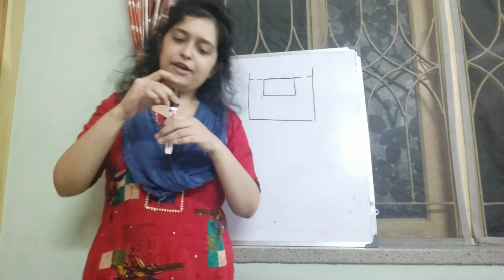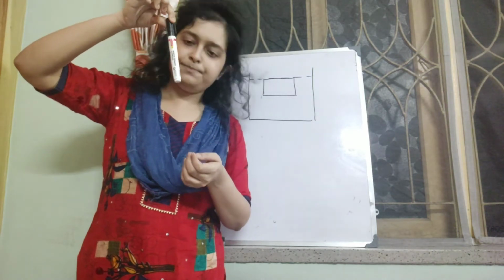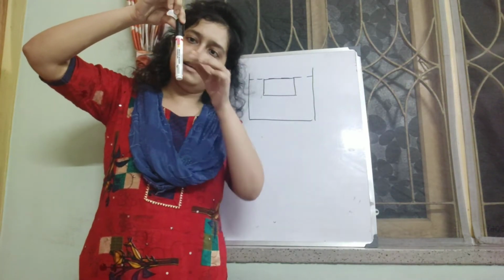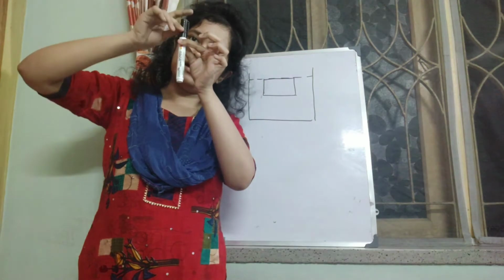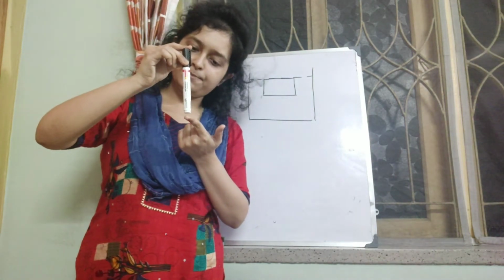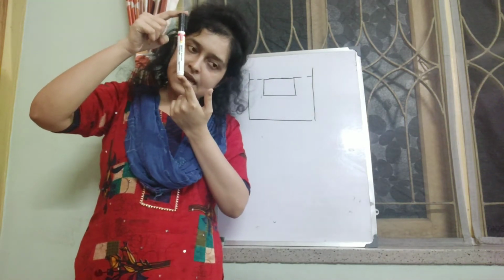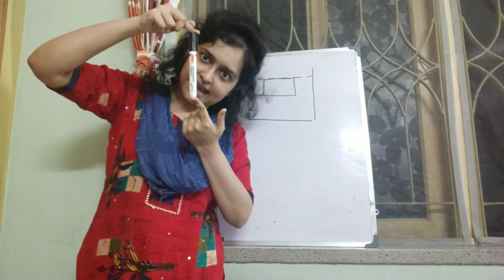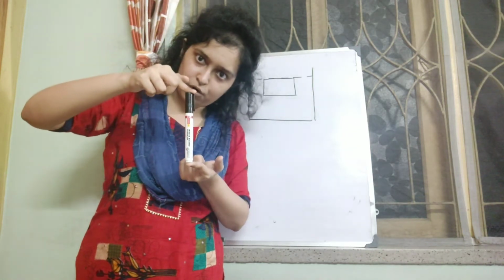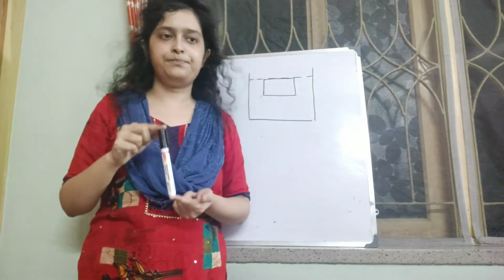So if I hold this marker and I'm pushing the marker from above, and I'm also pushing like this, if the force which is acting downwards is more, where will the marker move? Downwards.